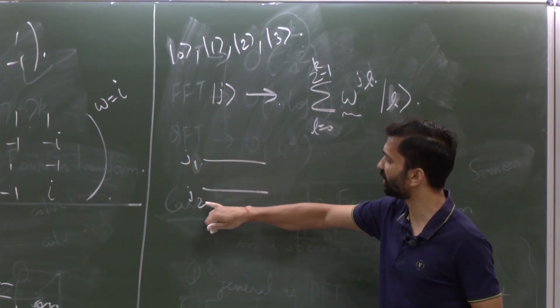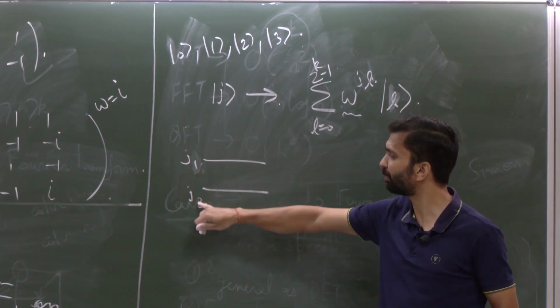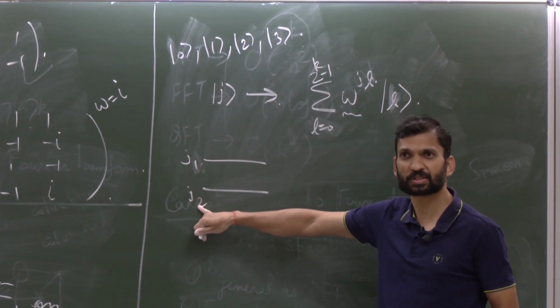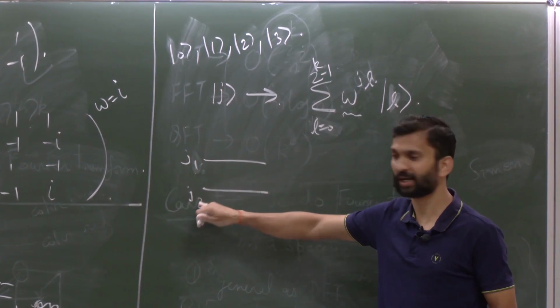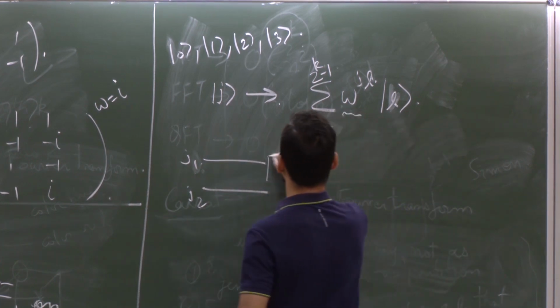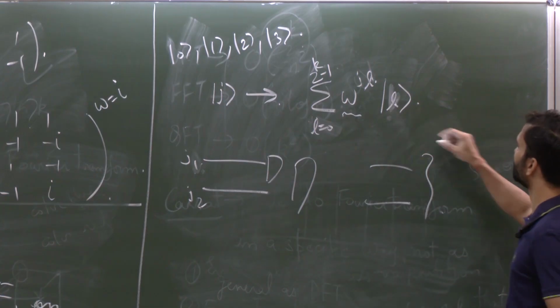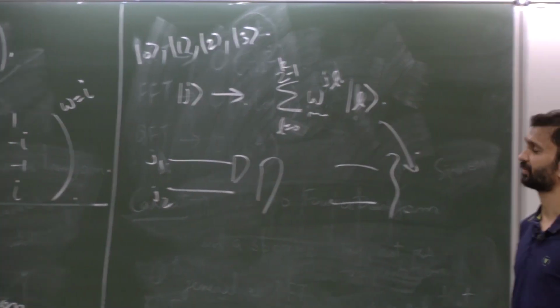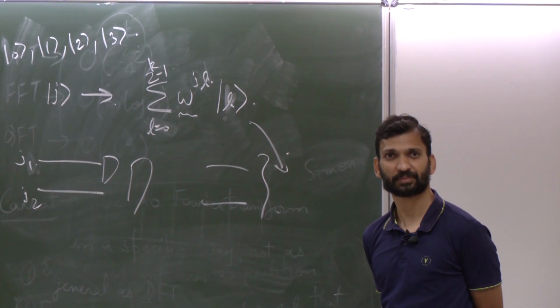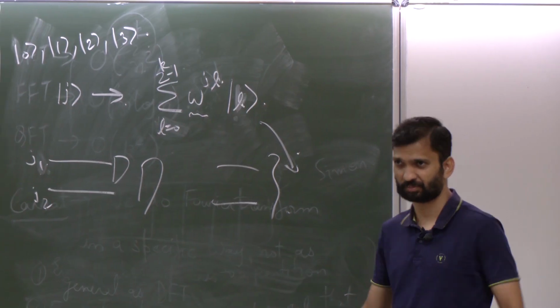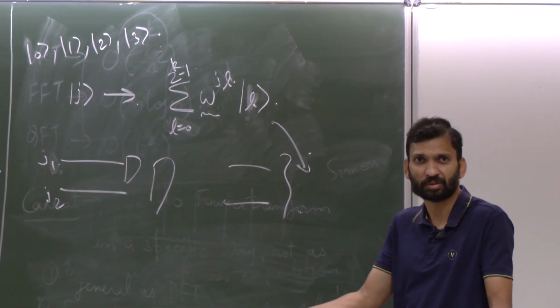J is J1, J2. J1 is the least significant bit, J2 is the most significant bit. Correct? And then finally, some gates here, and here I want this state.